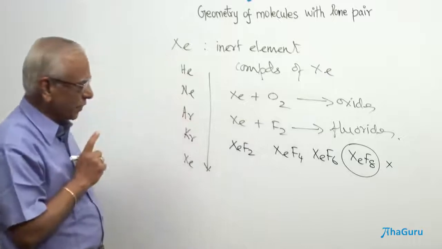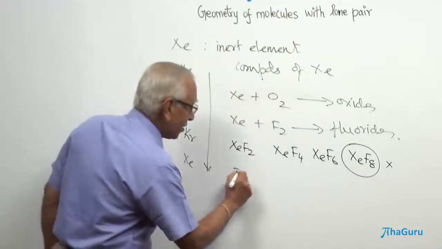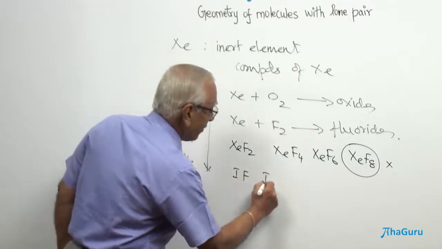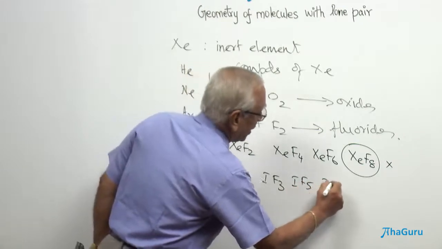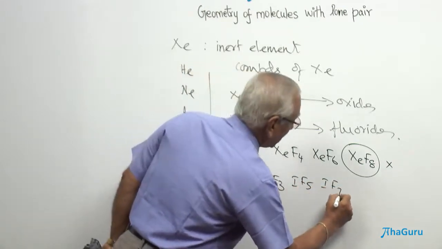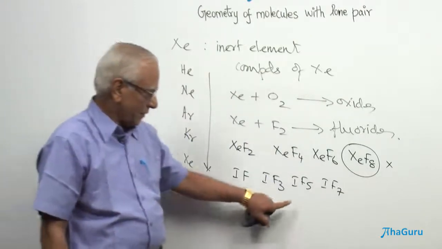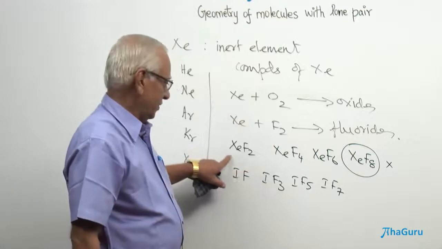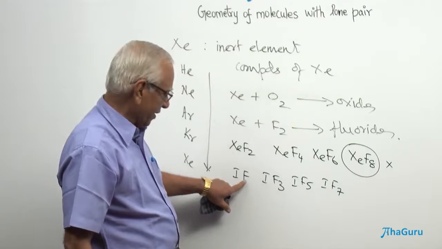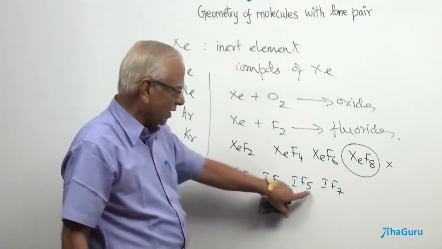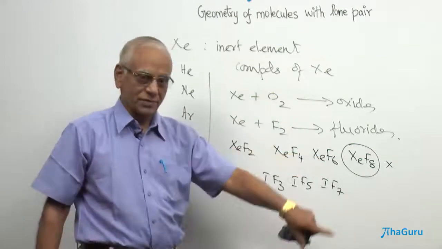Now you would have noticed one thing here when compared to interhalogen compounds. Interhalogen compounds form IF, IF3, IF5 and IF7. Whenever iodine combines with another halogen atom, it always requires an odd number of fluorine atoms, whereas xenon requires an even number of fluorine atoms here.